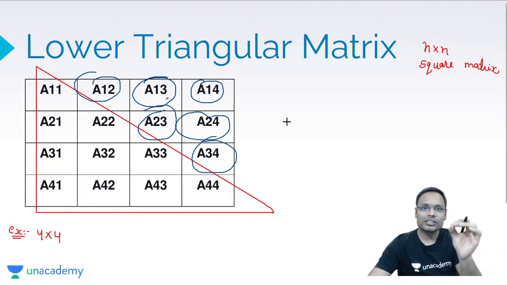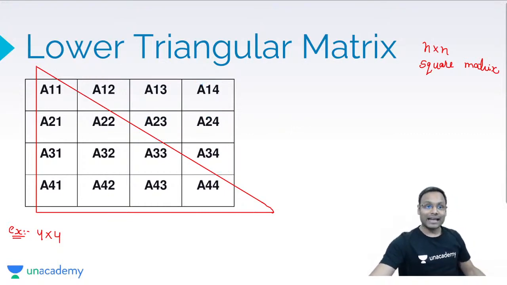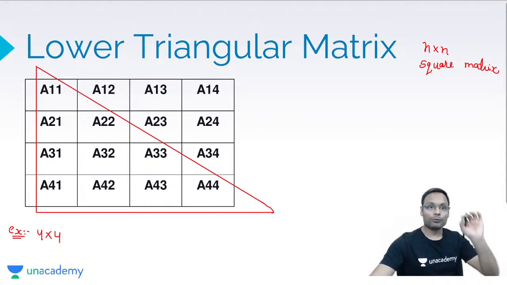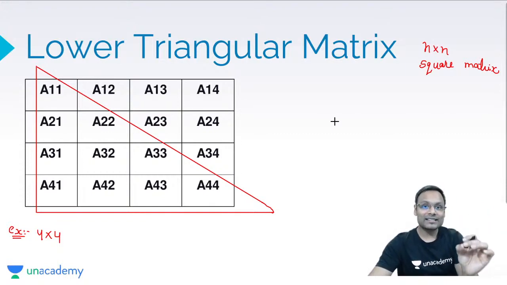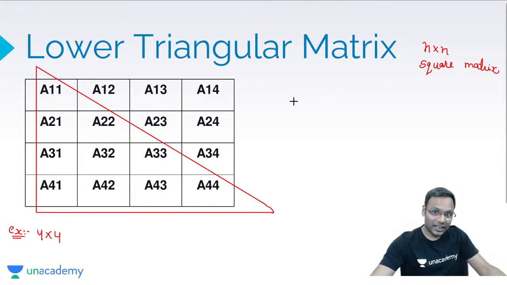Now I will simply write a condition: for which element can I directly say that the element is 0? If the condition is true, then A of i, j is equal to 0, and the condition is very simple: i less than j.